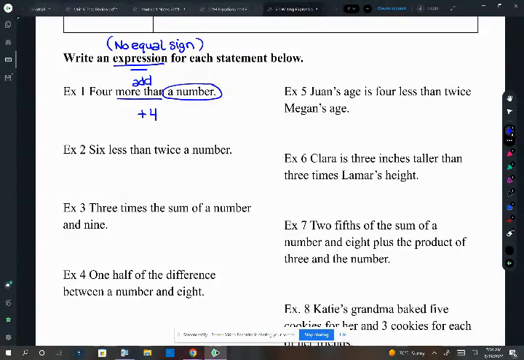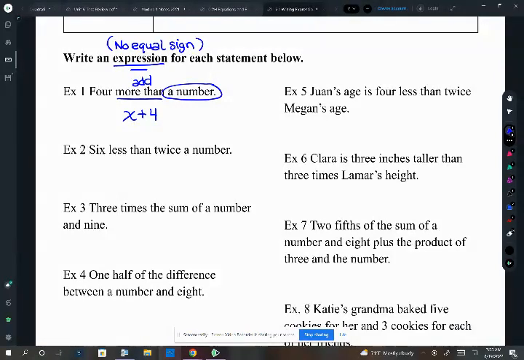So pick a letter that you like to use. I normally don't use I because that's kind of one that you can't tell if it's an I or a 1. And I'm not a huge fan of S because it kind of looks like a 5 sometimes. So other than that, you can pick any letter that you want. So x plus 4.